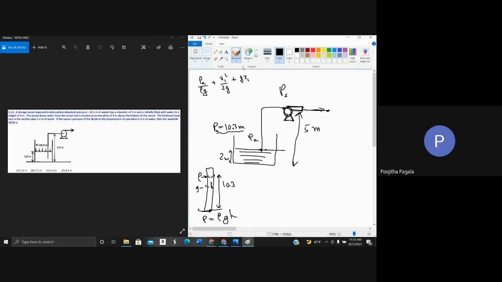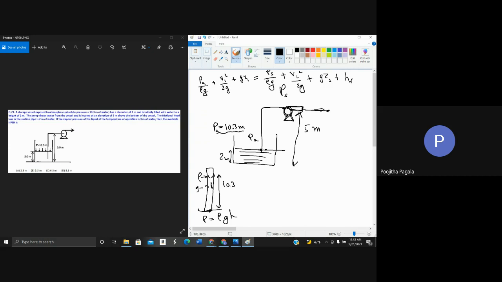Yes, Anna. Okay. So this is equal to PS by rho g plus V2 square by 2g plus Z2. And you also have the friction losses, HF.